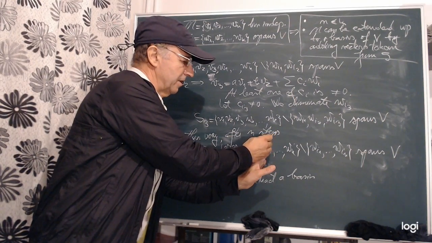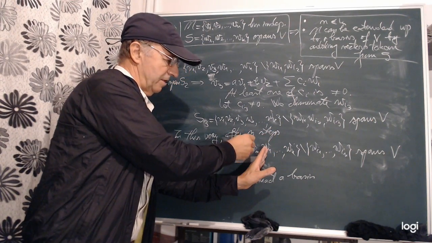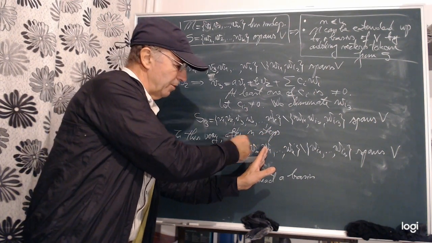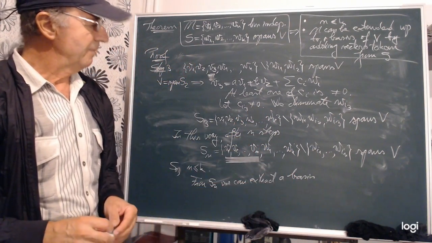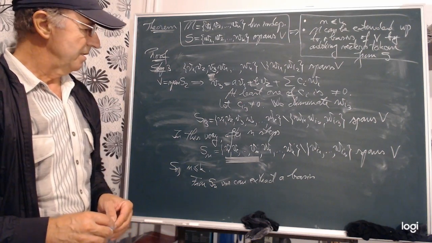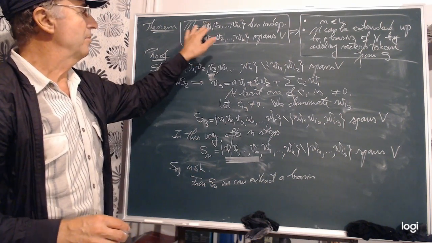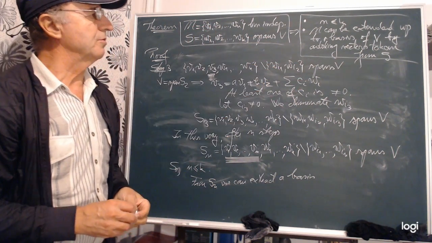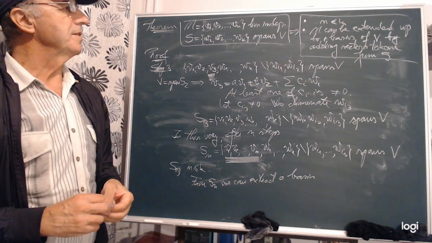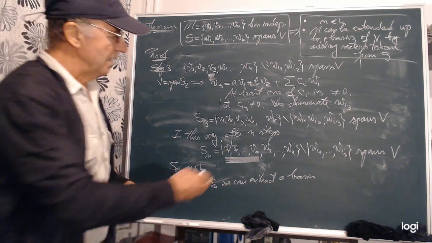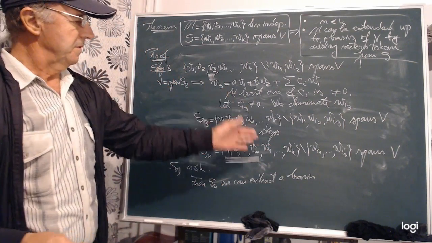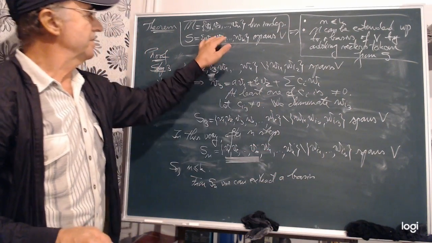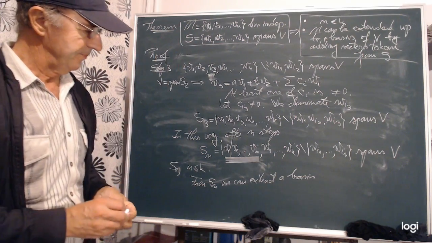If a vector here is a linear combination of the previous, we eliminate it, and in this way we arrive at a basis. So M can be extended up to a basis of V by adding, if necessary, some vectors from S.